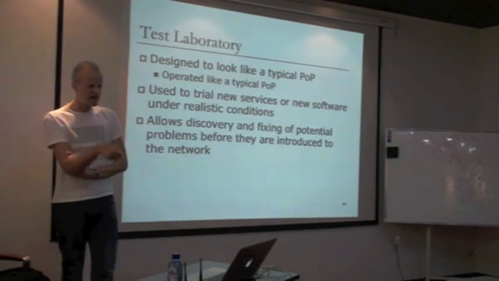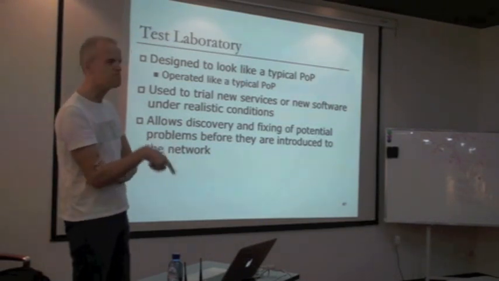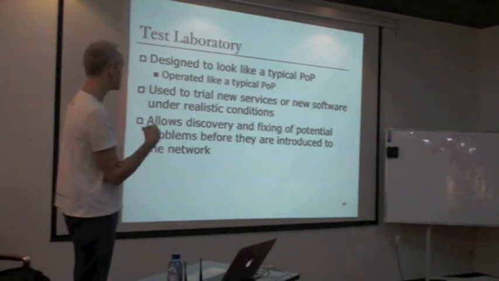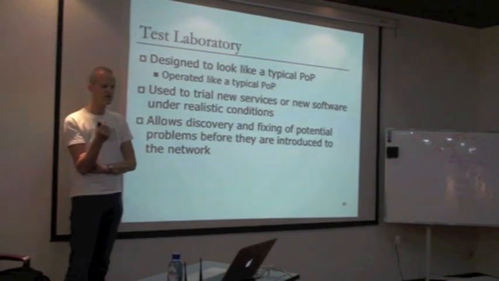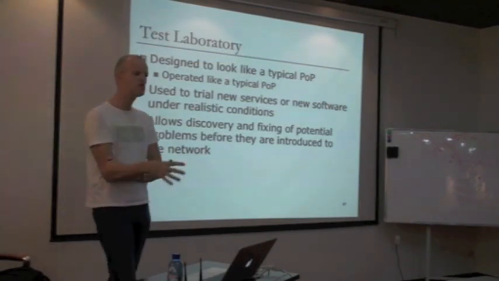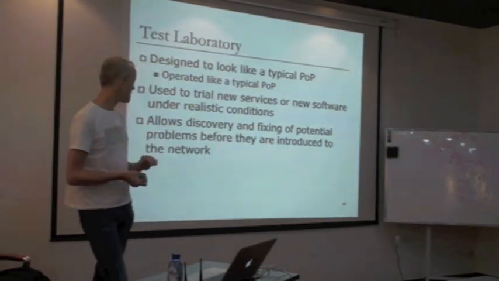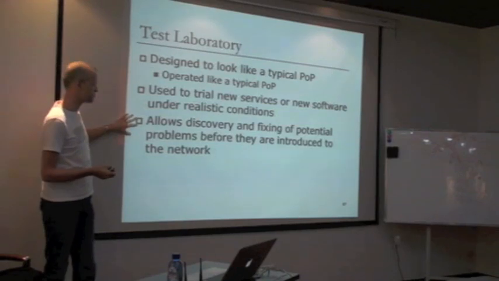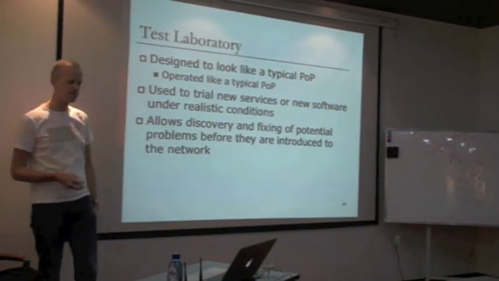Actually, with the Dynamips that we're using here for the workshop, this is a very powerful tool to let you simulate or test your network infrastructure configurations. More ISPs are now using Dynamips to test new configurations, and it lets you find and fix potential problems before they go into the network.